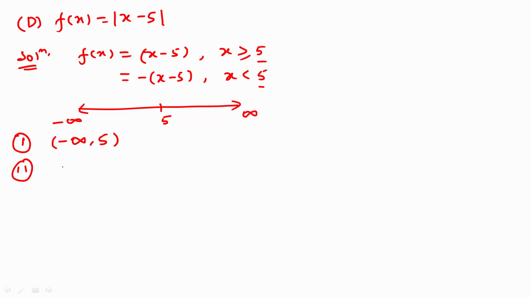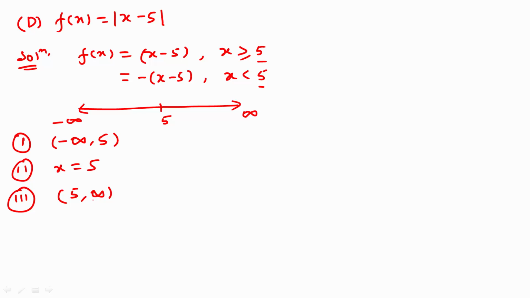The first part is the open interval minus infinity to 5, the second part is x is equal to 5, and the third part is the open interval 5 to infinity, and we have to check one by one from these intervals where the function is continuous or discontinuous.